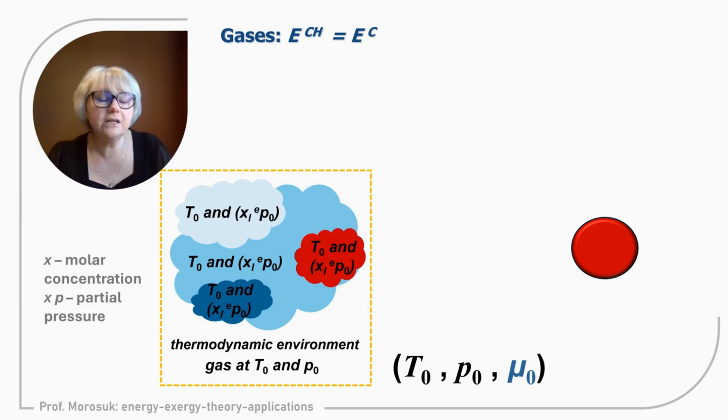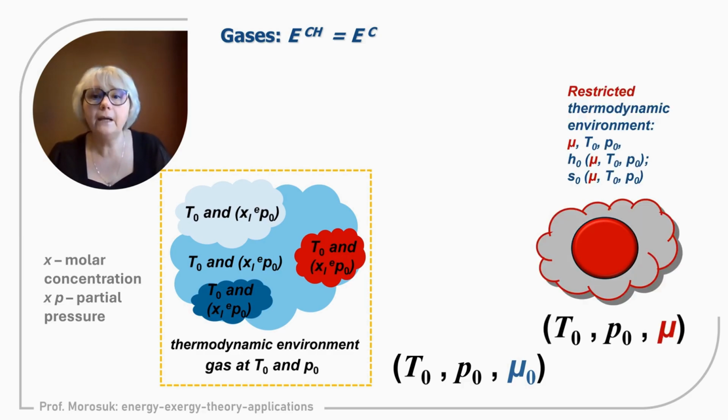The letter x is now used to describe the molar concentration of substances within the mixture. And mu0 is the chemical potential of the entire environment, the thermodynamic environment that will describe for us the atmosphere.